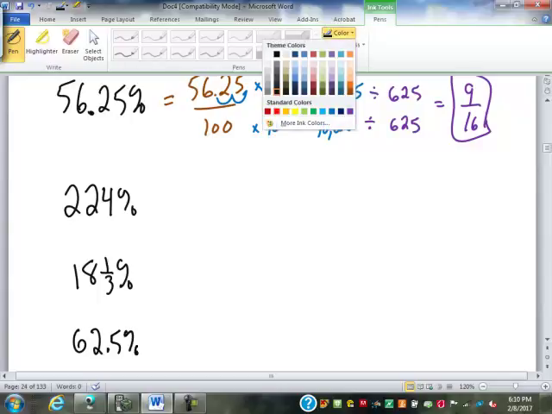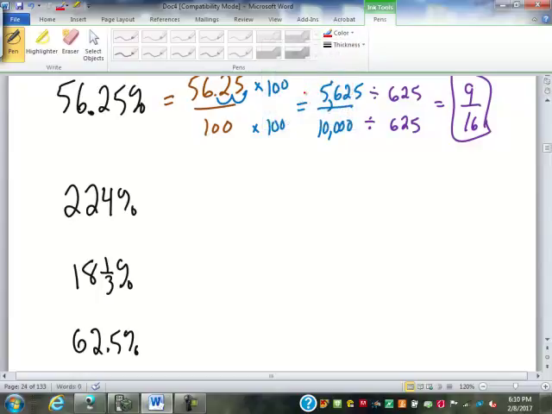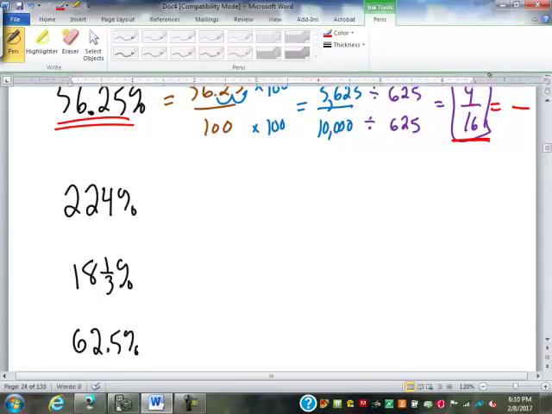Sometimes, depending on who you're presenting to and what you're using them for, you'll get a ratio something like this, 9/16. Sometimes you'll divide it out, turn it into a decimal, and then make that into a percent, depending on what you're using it for. If you're going to be doing some quick calculations, often it's easier to have it as a fraction, and you can just set it up into a proportion and cross multiply and divide it as a proportion.